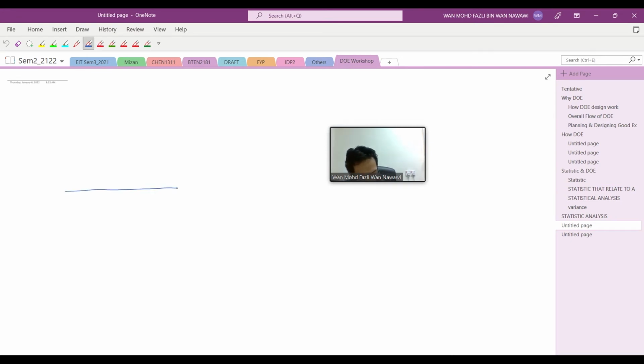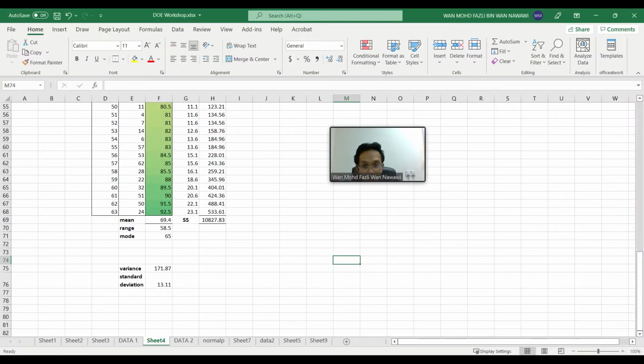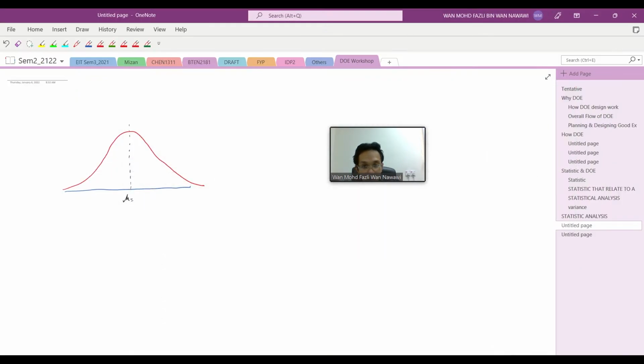I have the distribution like this, and then I have mu here in the middle. The mu is 99.4.